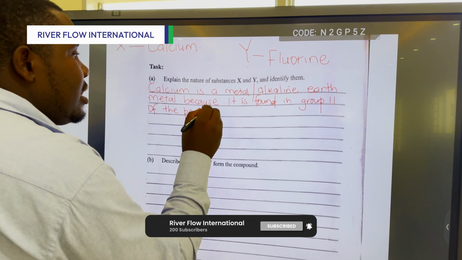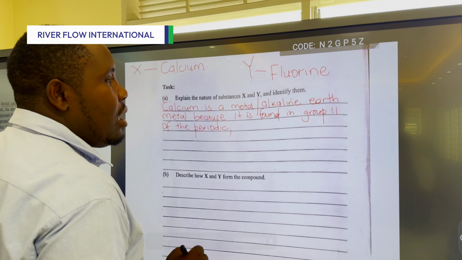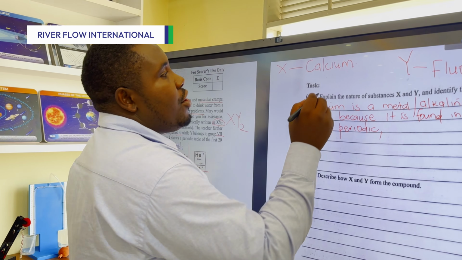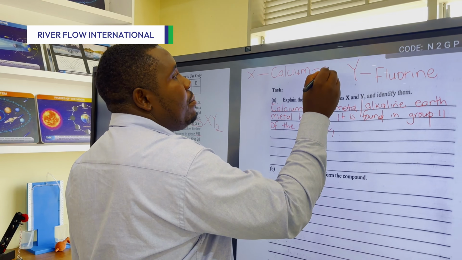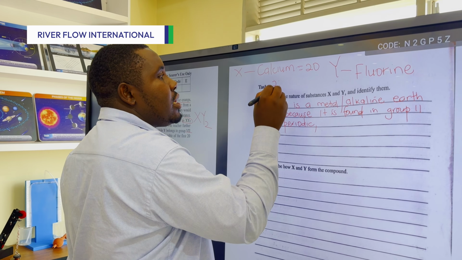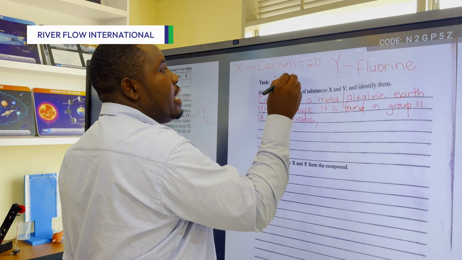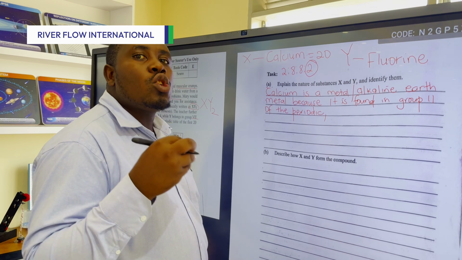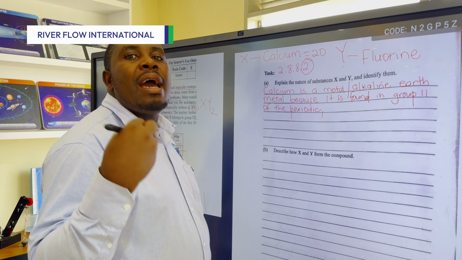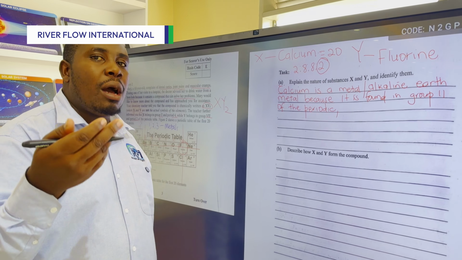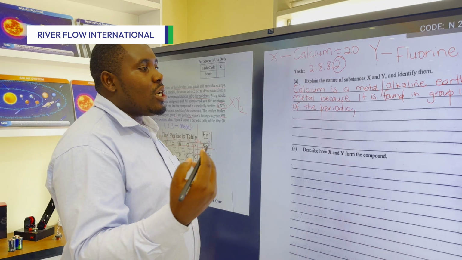That is not the only thing that gives it, but also when you look at its electron configuration, remember it is element number 20, and therefore its electron configuration is 2, 8, 8, 2. So when you look at these two, it also identifies a metal. Remember, a metal in bonding releases its outermost electrons to make sure that it is stable.